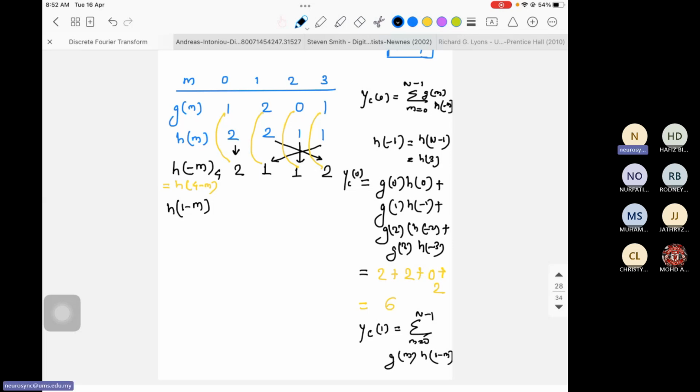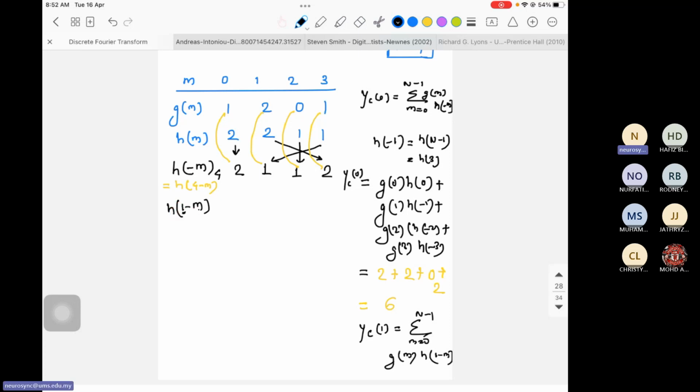Or you can say that this sequence is basically shifted by 1 towards the right.